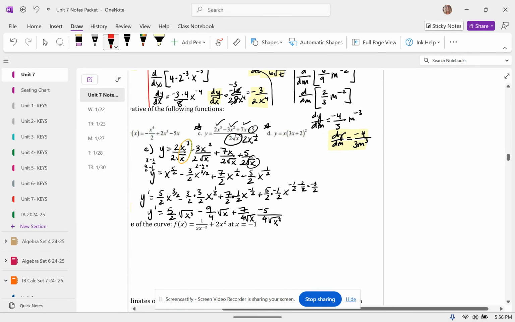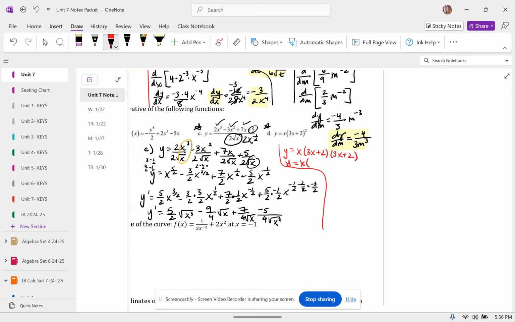And then for the next one here, I'm going to rewrite him as a polynomial. And the way I have to do that is by expanding. So now I would have 3x plus 2 times 3x plus 2. I would double distribute that, then distribute the x.